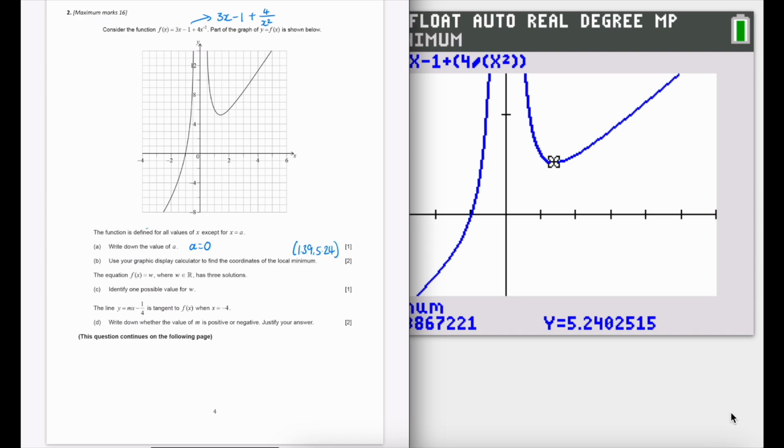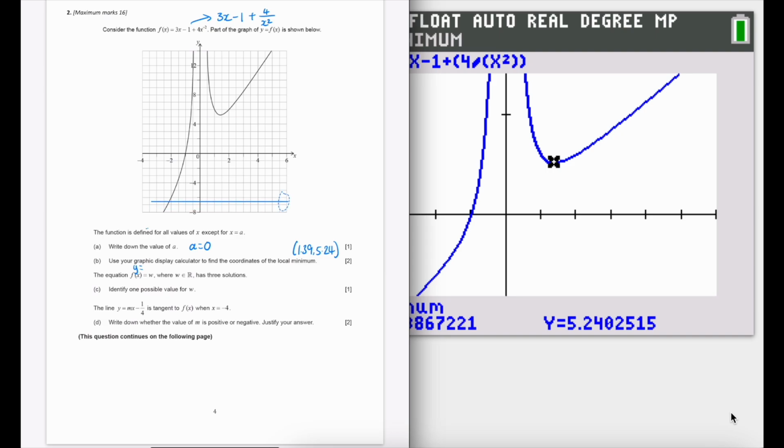And then it says that the equation f of x equals w, so this is like y equals something, has 3 solutions, and identify the possible values. So we know that a y equals line goes horizontally across my page. So it's saying what value of y, as I move this up and down my graph, is going to give me 3 solutions.